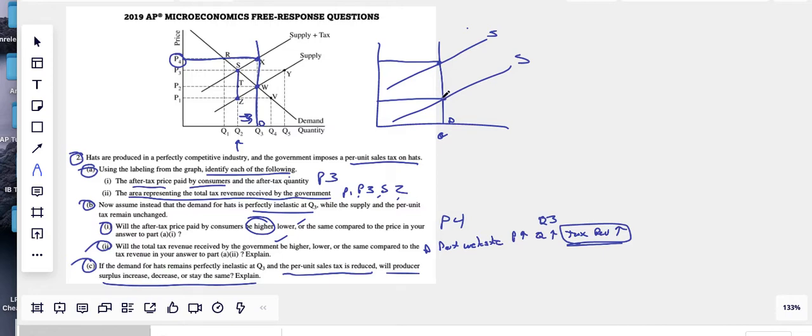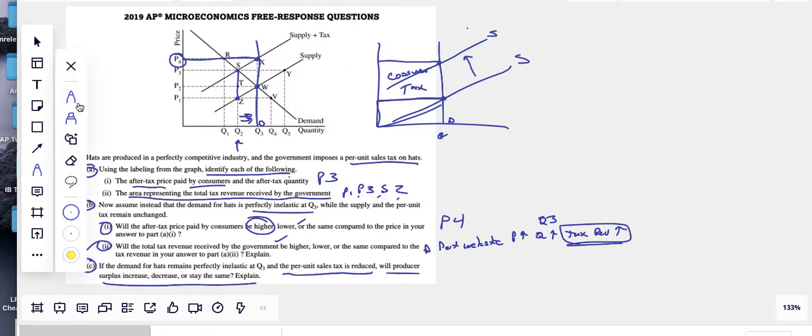So we really can understand that this down here is producer surplus, right? Let's recognize that's producer surplus. All of this area is what we would consider the consumer is paying all of the tax. The tax was put in place because of the government imposing the tax, shifting the supply here. In essence, the consumer pays all of it.